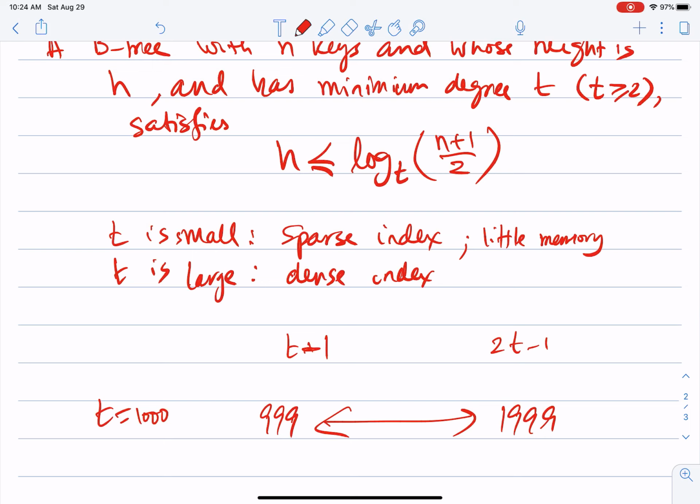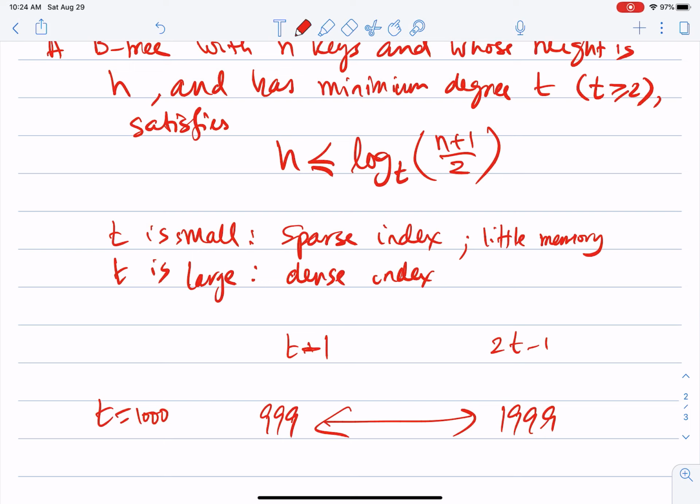Okay, so choosing the value of t, there's a trade-off there. If you choose a small value, you're going to have less memory, and you're going to have longer time to do the calculation, because the log is to the base 2, and you might be doing more disk reads or writes, because if you modify something and you want to put it also on the disk, it is a write.